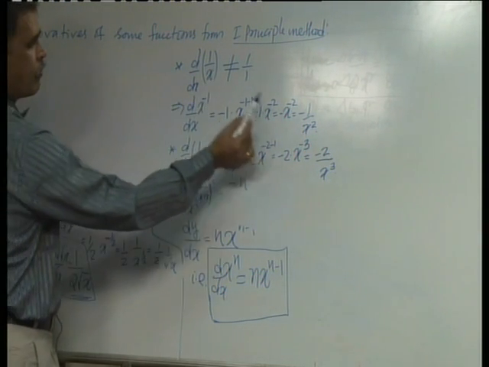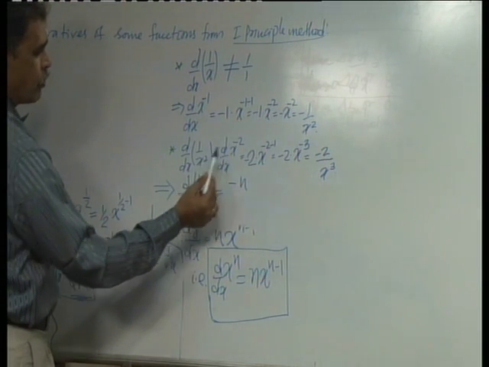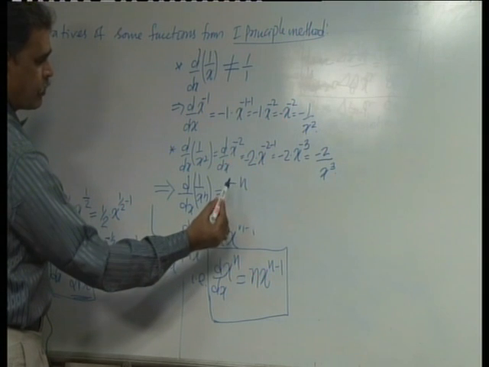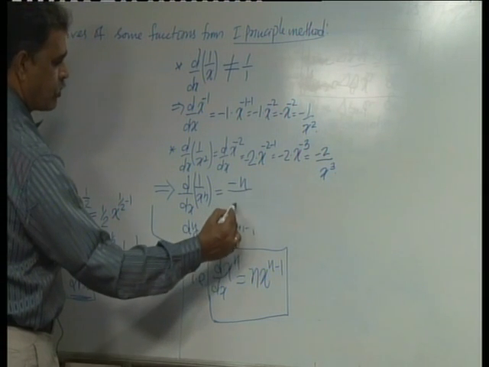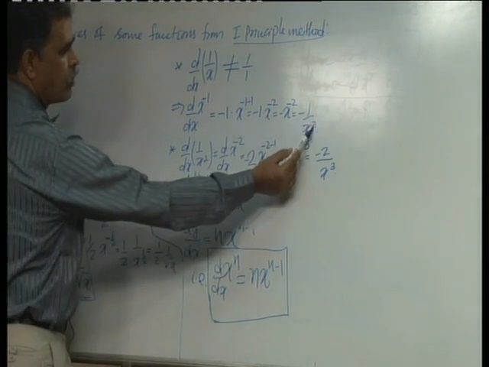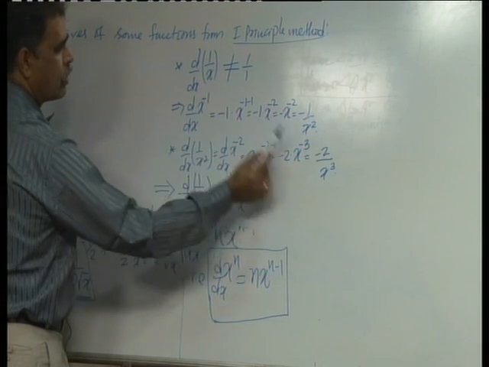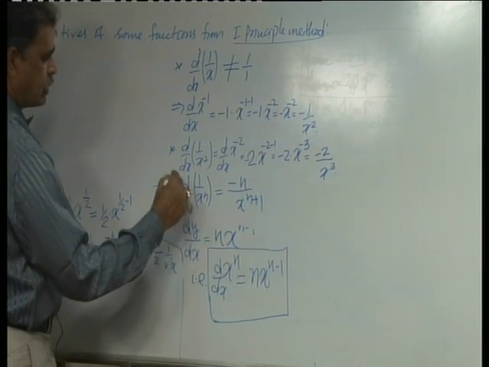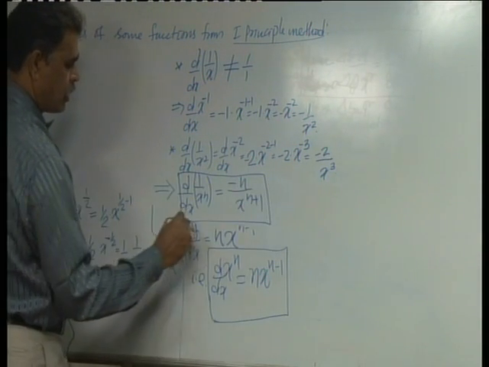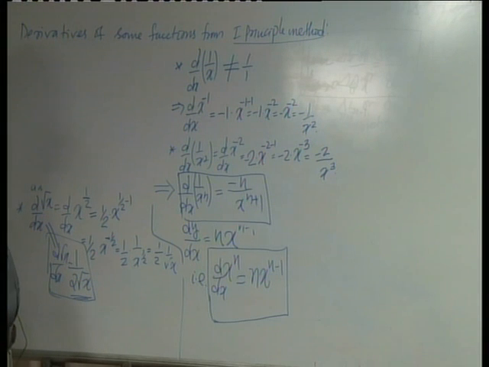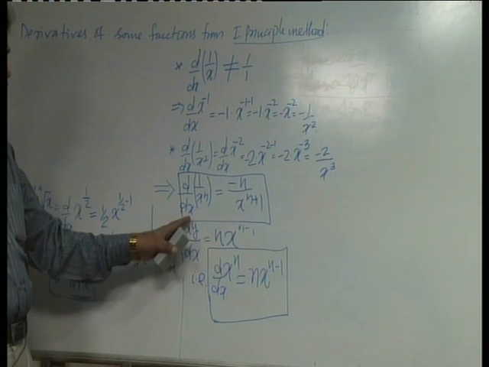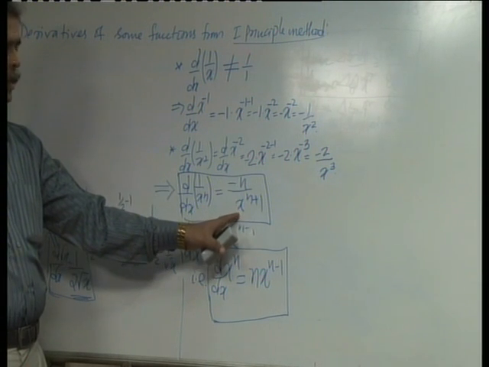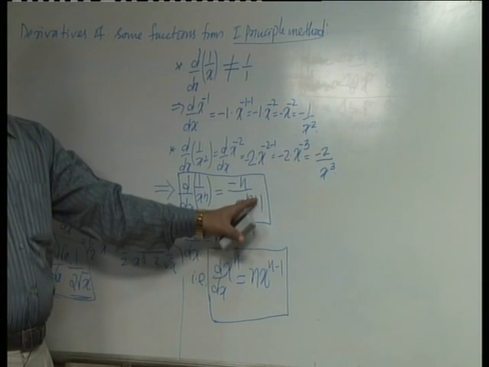So, for 1 we have minus 1, for 2 we have minus 2. According to that, for n we will have minus n divided by x to the power of... 2 is 1 plus 1, 3 is 2 plus 1, therefore n plus 1. Generally, remember that differentiation of 1 by x to the power of n with respect to x is equal to minus n divided by x to the power of n plus 1.